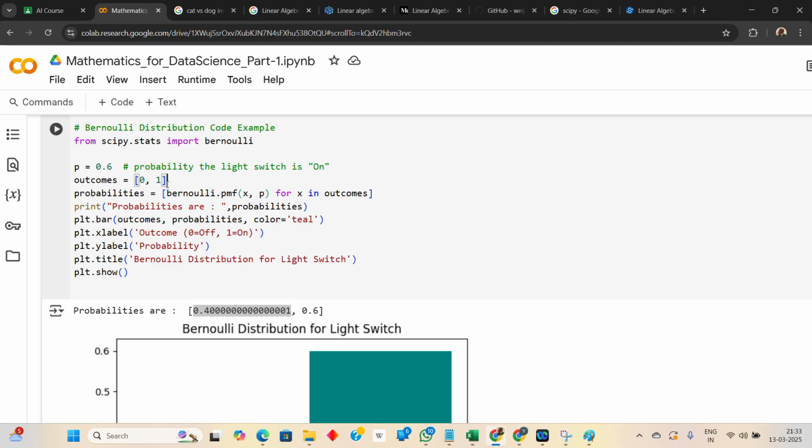What is the probability of head? 0.5. Then what is the probability of tail? It will also be 0.5, because probability values are always between 0 and 1. So binomial also has only two outcomes.